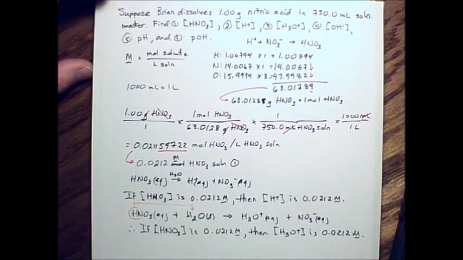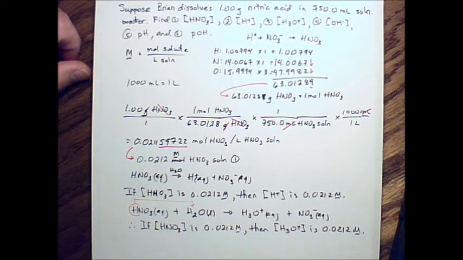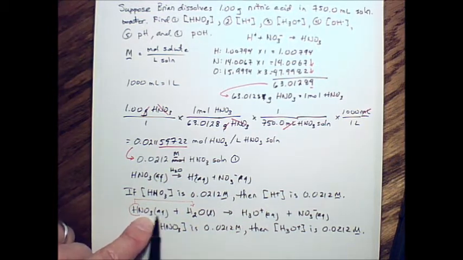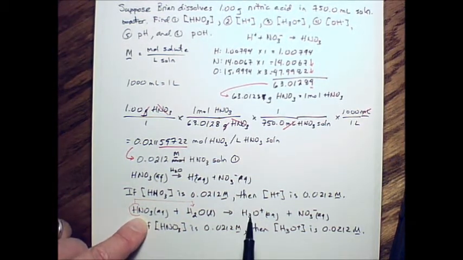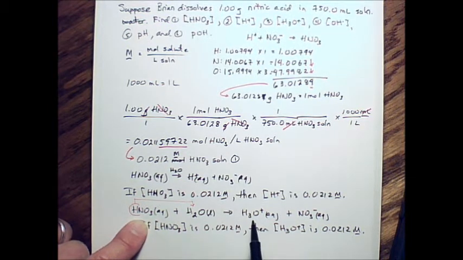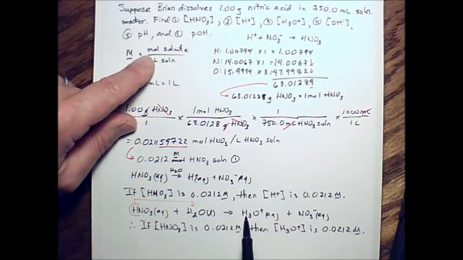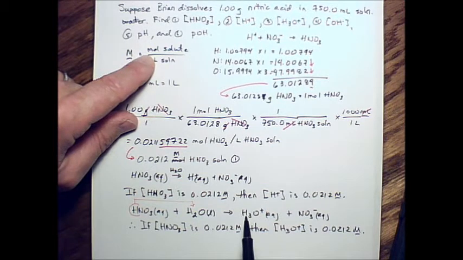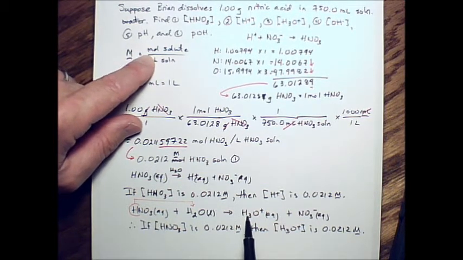Can you explain to me why the concentration of the HNO3 equals those? Yeah, because they're right here. That's a 1-to-1 ratio. Every mole of this, let me put it this way, every formula unit of this, because this is strong, it completely dissociates. Every formula unit of this ends up producing one formula unit of this. Since moles are counting numbers, they're Avogadro's number of things, right?